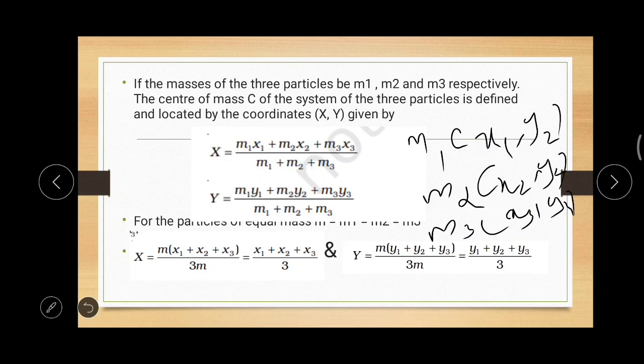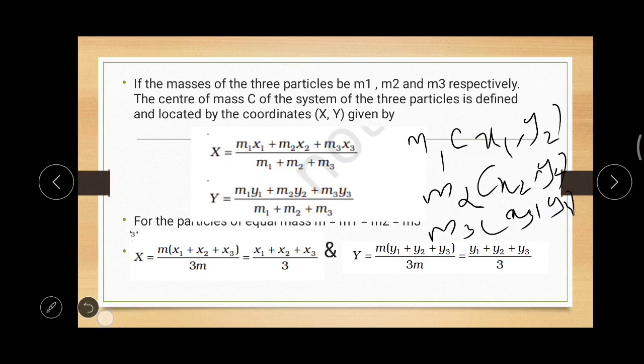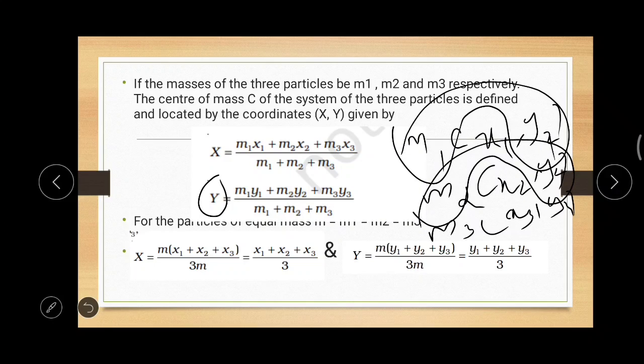Then the x coordinate of the center of mass will be m1 into x1 plus m2 into x2 plus m3 into x3 divided by m1 plus m2 plus m3. And the y coordinate of the center of mass will be m1 into y1 plus m2 into y2 plus m3 into y3 divided by m1 plus m2 plus m3.